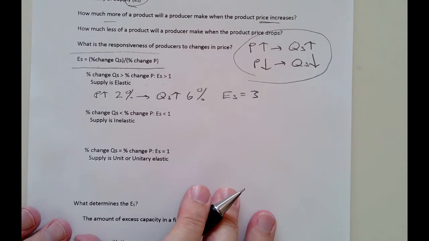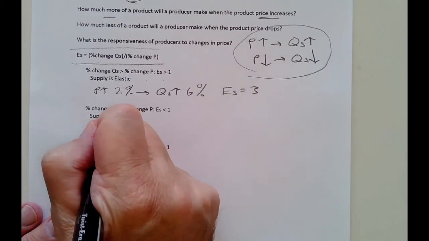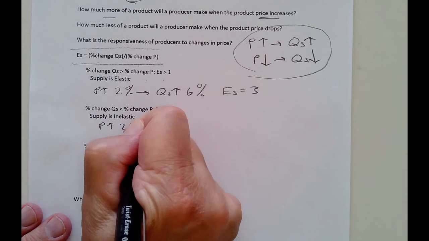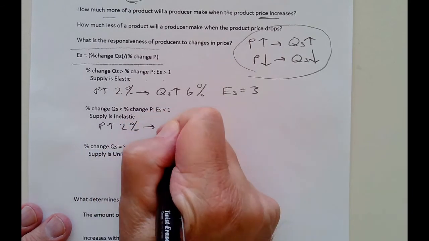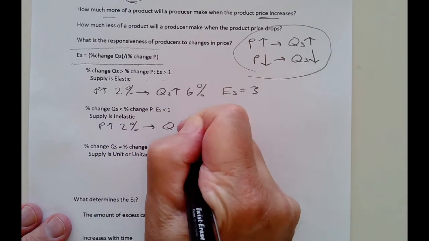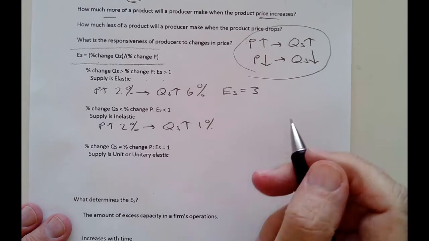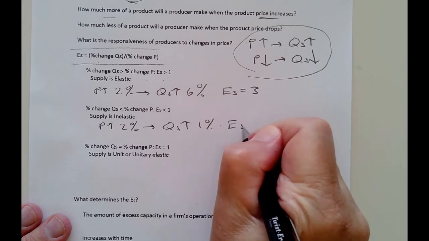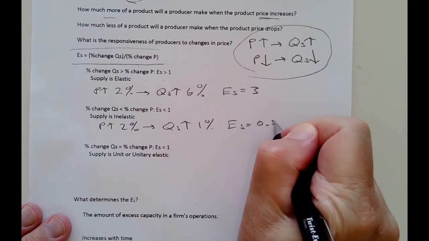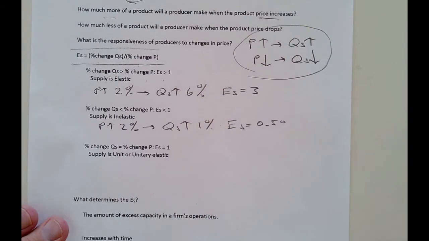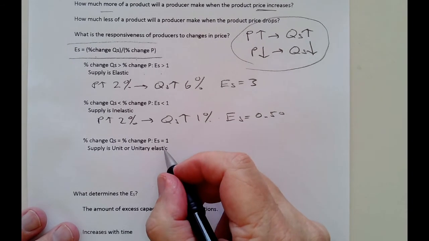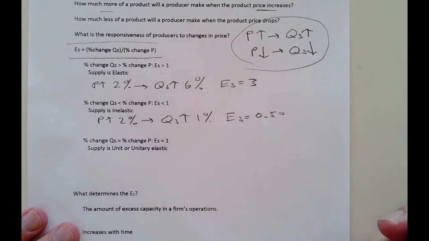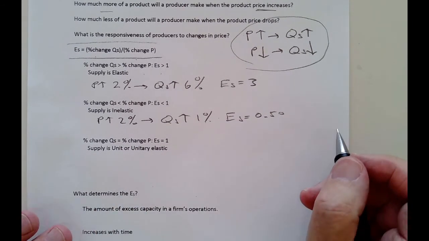And then if it's less than 1, that means the price goes up by 2% again, maybe the quantity supplied only goes up by 1%. And that would be 1 over 2, 0.5. And then if it's the same number, 2%, it'll be 1. And that's called, again, unitary elastic.